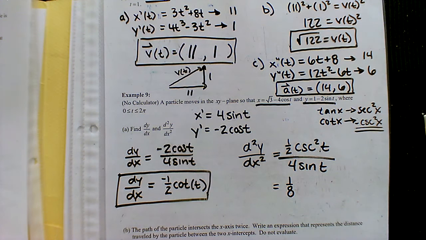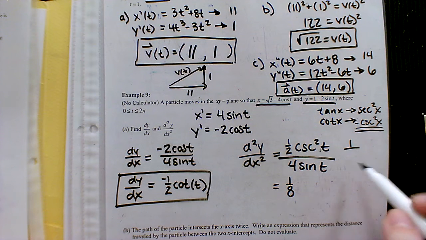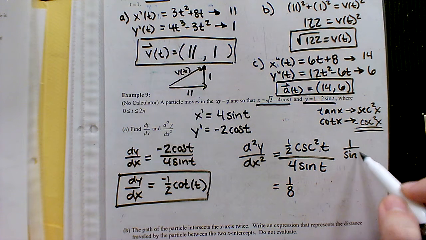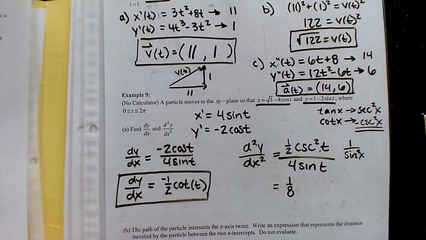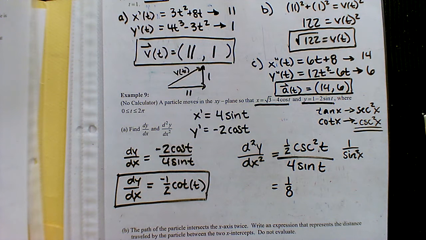Cosecant? 1 over which trig function? You guys are scaring me a little bit. Cosecant? 1 over? Sine, thank you. All right, so cosecant squared is the same thing as 1 over sine squared.